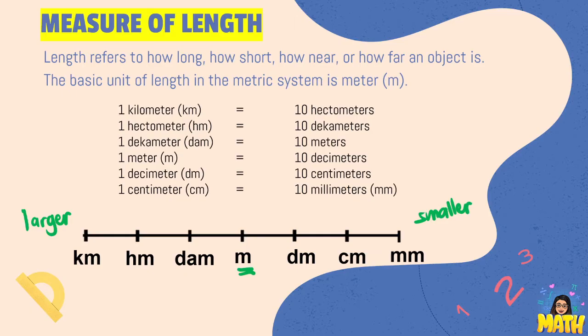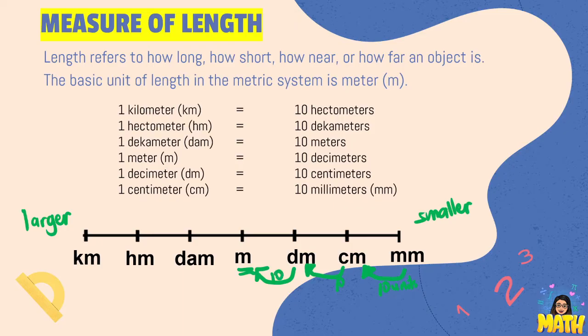So sabi kanina, madali lang intindihin at gamitin ang metric system because it is based on the powers of 10. Ibig sabihin, this one compared with this is 10 units smaller than this. So we can say that 10 millimeters equals 1 centimeter. 10 centimeters equals 1 decimeter. 10 decimeters is equal to 1 meter, and so on and so forth.